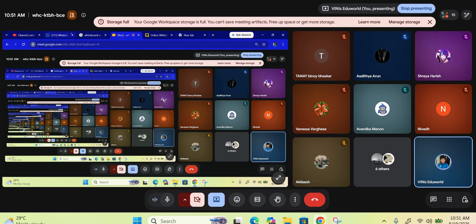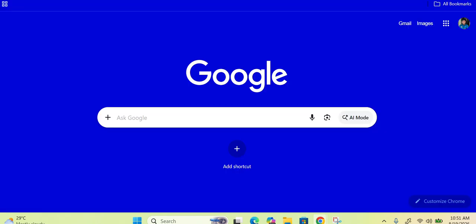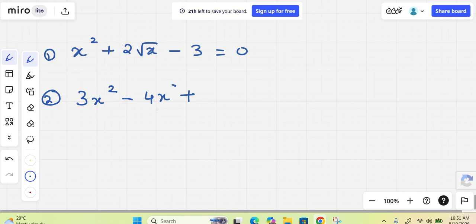So now you have to look at this and tell me which of them are quadratic polynomials according to you. Please tell me which ones are quadratic. For that, sometimes you might have to solve also.